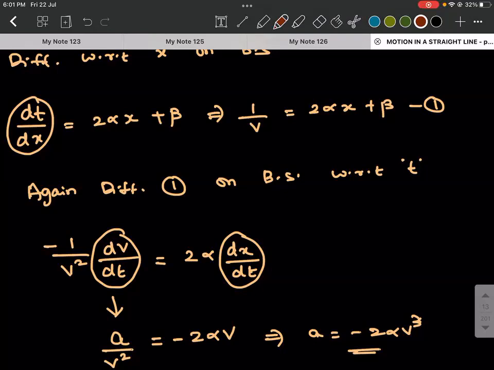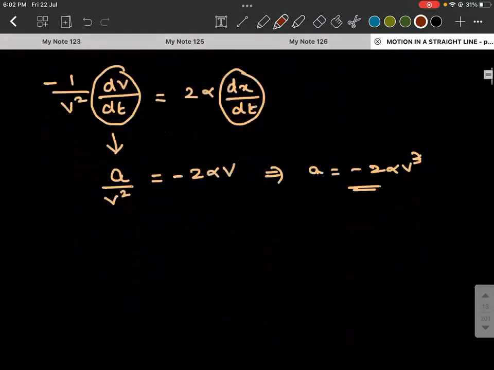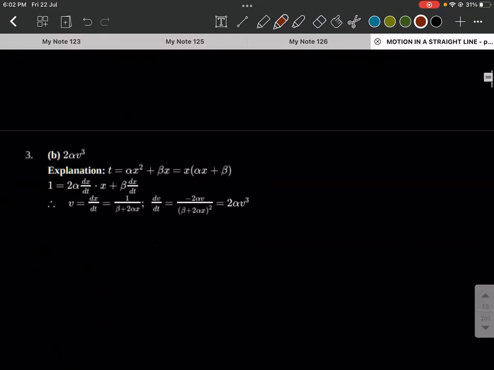Is it clear? Once I differentiated with respect to x, the second time I differentiated with respect to t. When I did the second time, I applied the chain rule. Clear? So moving on to the next problem.